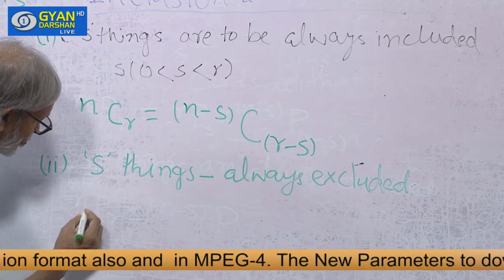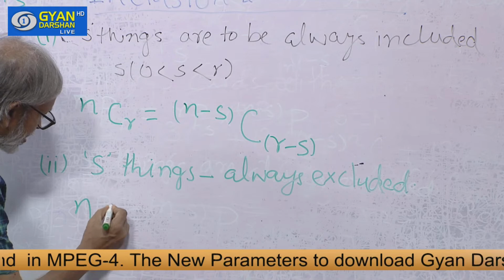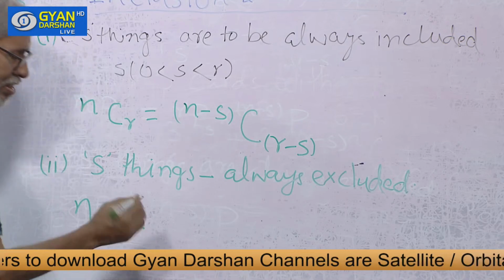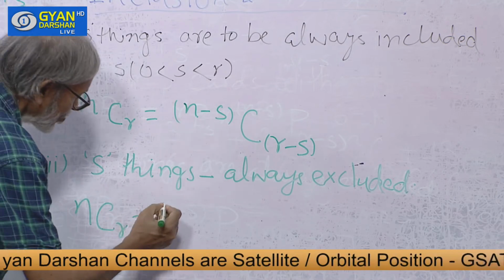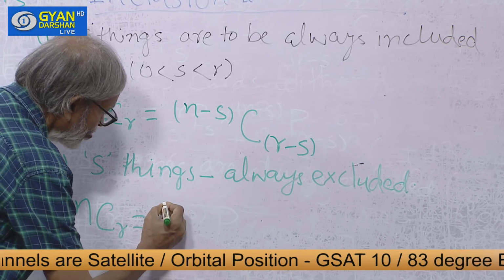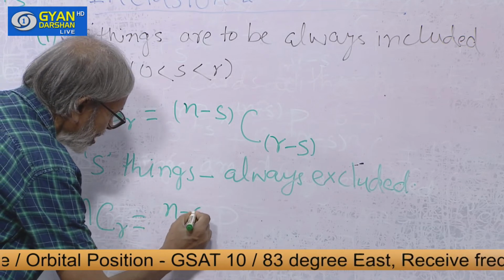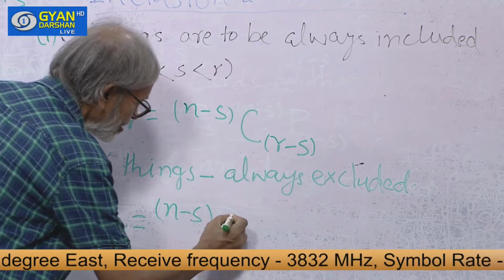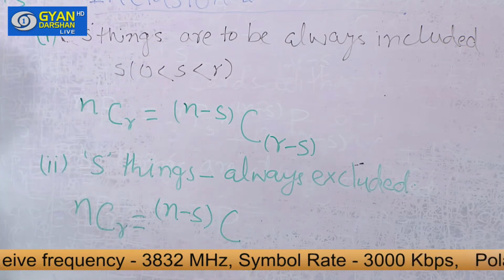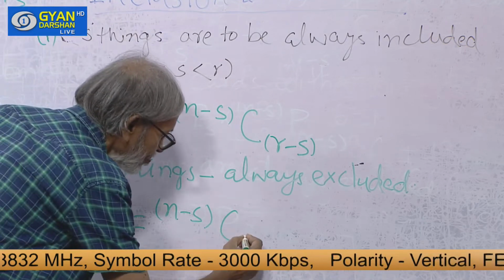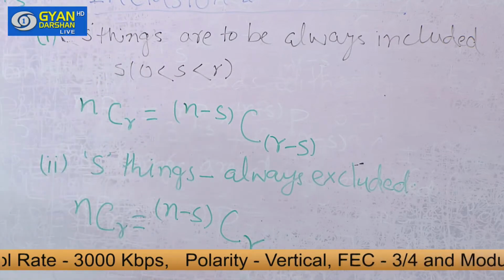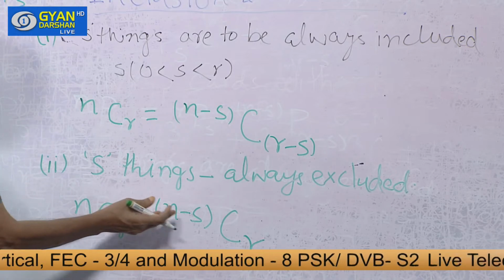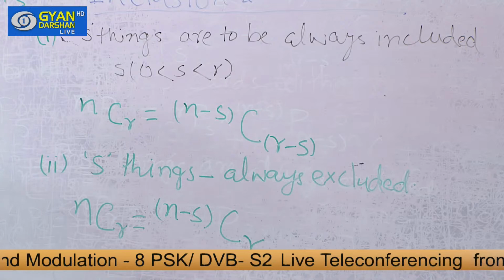So, this nCr combination will be, just as in the case of permutation, we do not consider s things. We have to choose only out of n minus s things, and we have to choose all the r things, because nothing has to be filled out of these s things. So, this will be the formula n minus s C r.